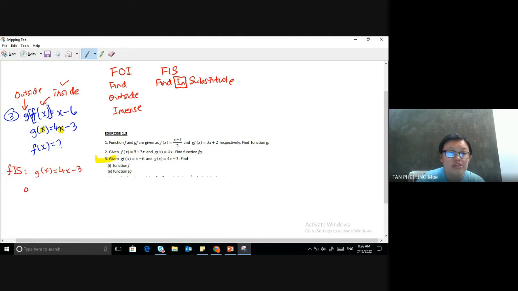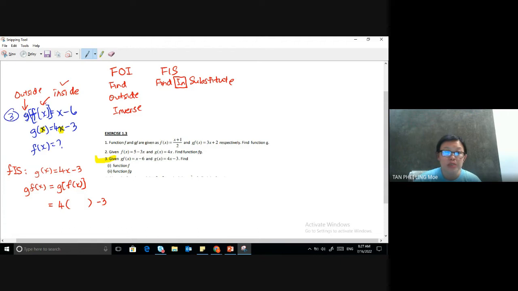When I have g(f(x)), that means the question wants me to make the x become f(x). So when I have g(x), I will do 4x minus 3. But now, what is my x? My x has become the whole f(x). Do you know what that is?